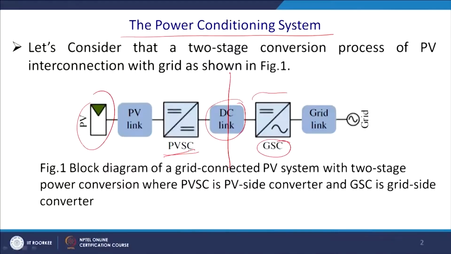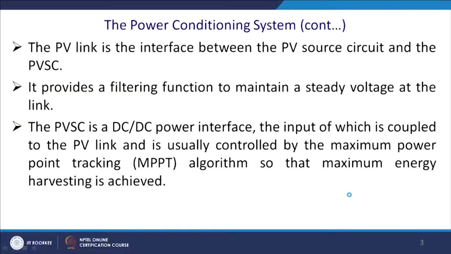This is one stage and another stage, where PVSC is the PV side converter, and GSC, essentially DC to AC, is the grid side converter. So, you require to place both the converters.